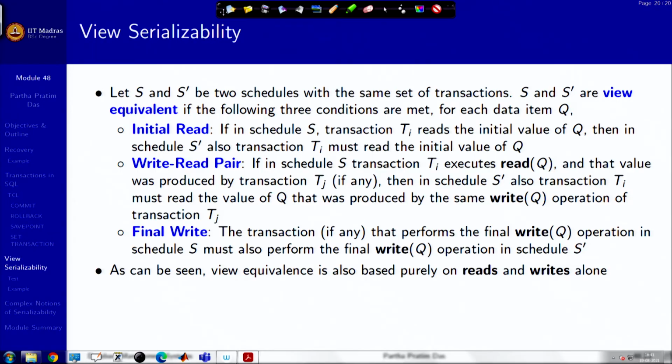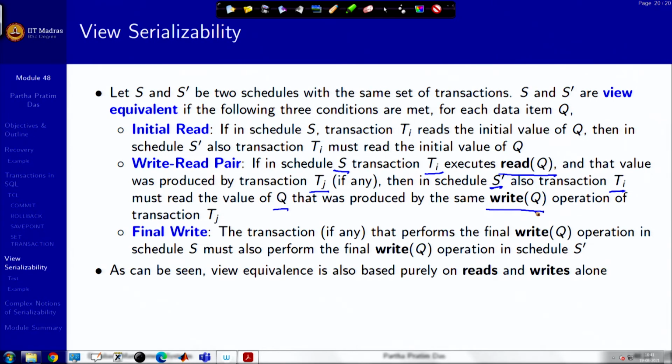Second is read write pair. If in schedule S, transaction T I executes read Q, reading the Q produced by some transaction T j, then in S prime also the transaction T I must read that Q produced by the same write Q operation. Do not get confused by T I and T j, it is a very simple thing.